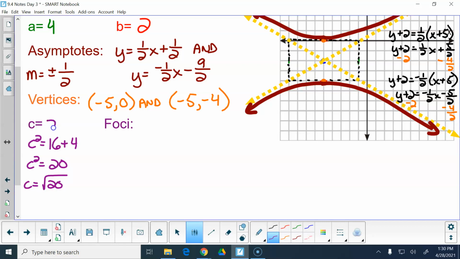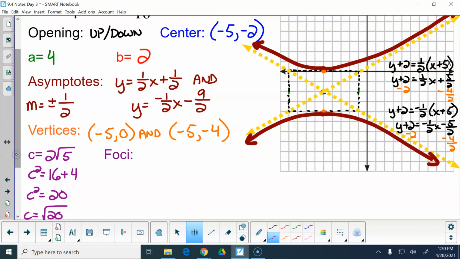The square root of 20 is 2 times the square root of 5. Since we've got an up-down hyperbola, that means we're going to add and subtract this c value to the y part. So the foci are at negative 5, negative 2 plus or minus 2 square roots of 5.